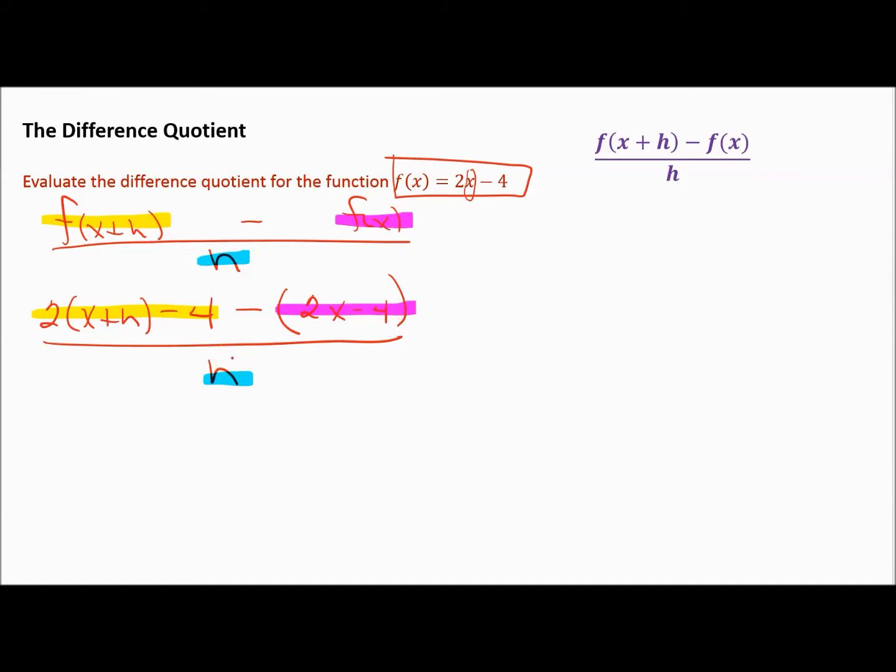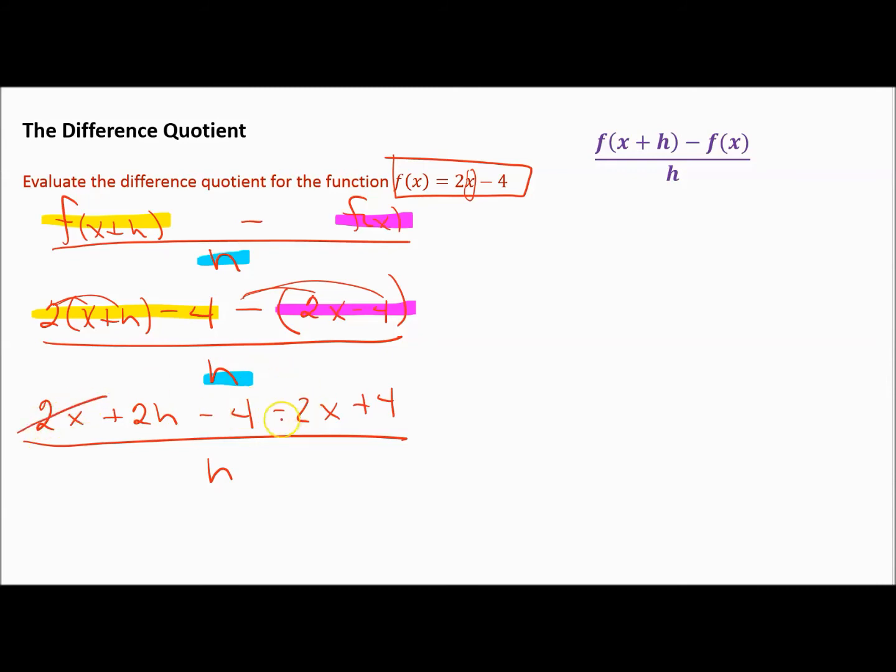Now I'm going to do the algebra to distribute. So I'm going to distribute this 2 inside right here. That gives me 2x plus 2h, subtract 4, and then I'm going to distribute the negative 1 inside of here. So this is minus 2x plus 4 divided by h. Okay, now notice what like terms cancel.